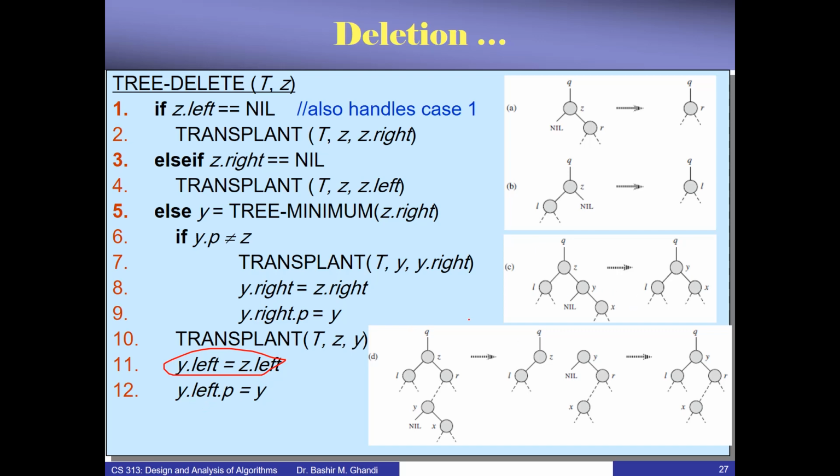And make the parent of the left child of Y to be Y. So Y dot left dot parent becomes Y, no longer Z. Before, the parent of this node was Z. Now we're going to change it to Y. So Y dot left dot P becomes Y. So update the parent of this left node.